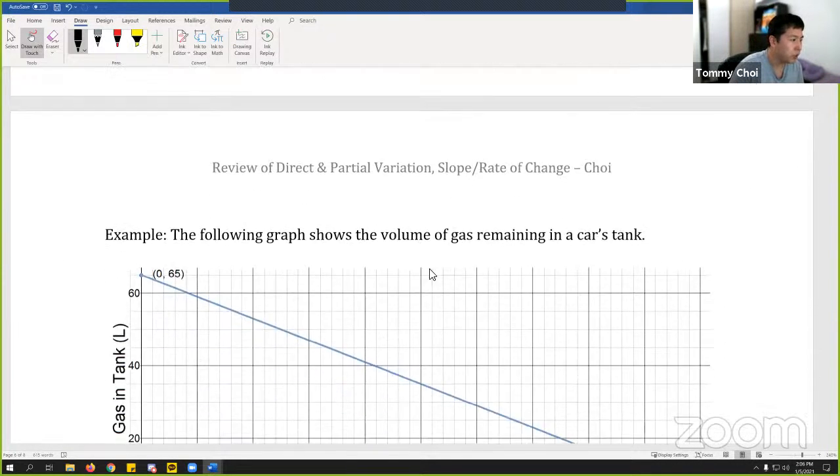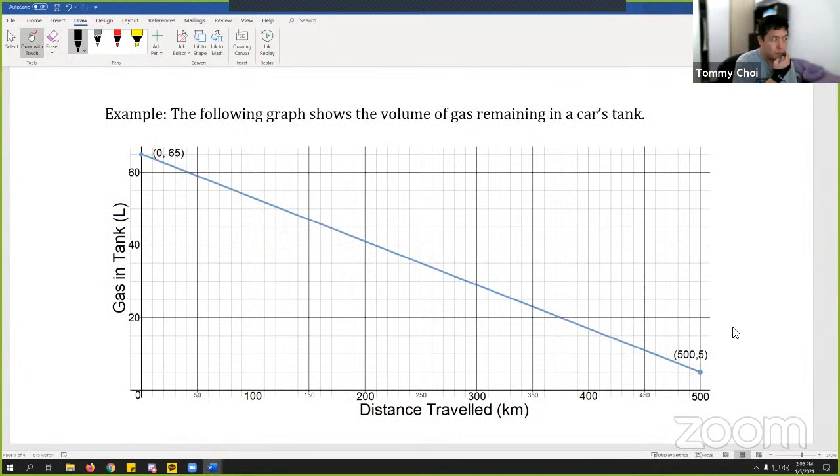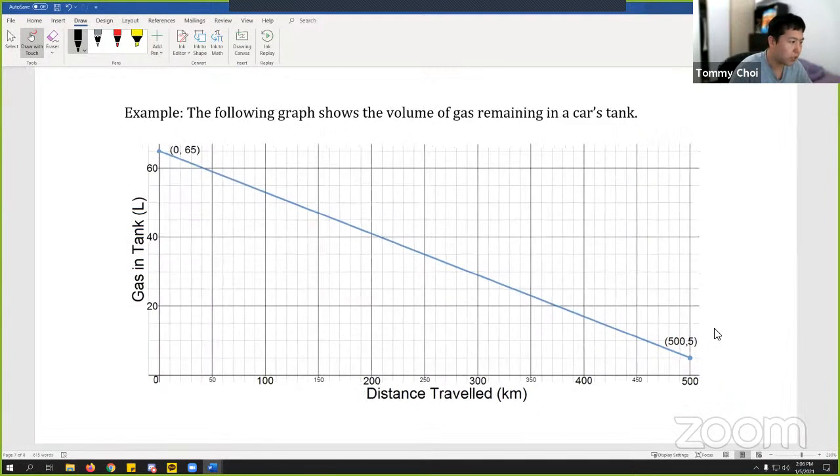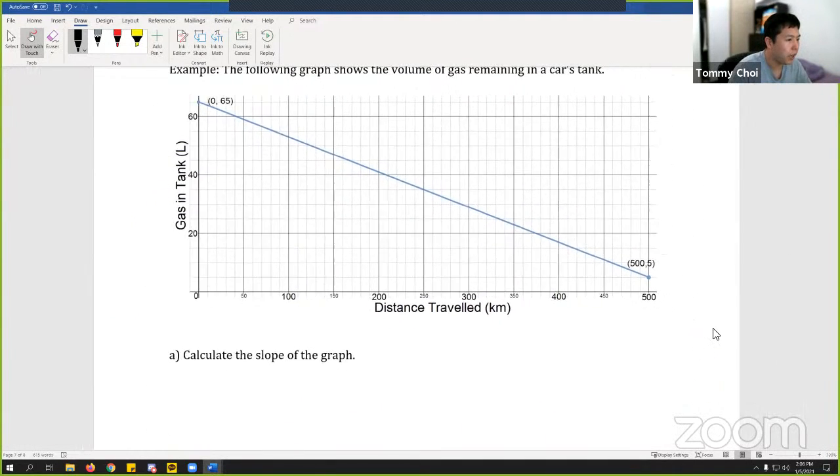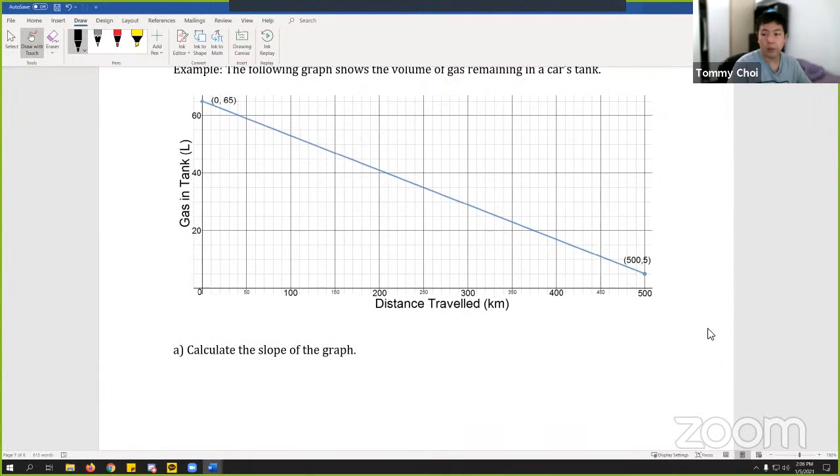So when we look at a situation like this, right? It says here, the following graph shows the volume of gas remaining in a car's tank. The gas in the tank is in the y-axis. The distance traveled is in the x-axis here. So it asks us to calculate the slope of the graph. You can do this in different ways, whether you want to use the rise over run or you can use the formula.